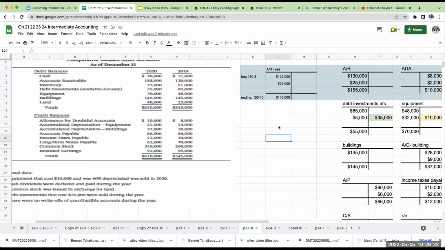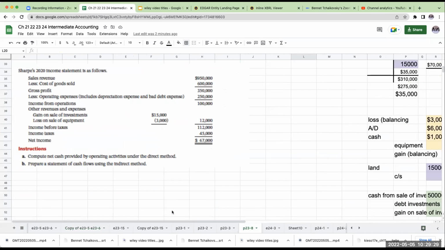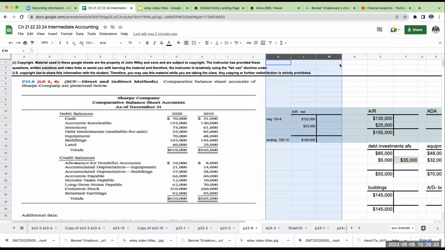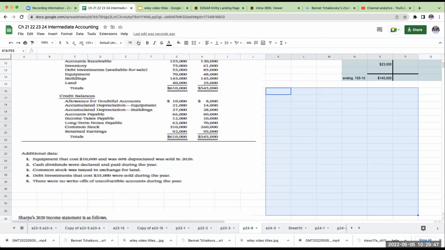So right over here, when I'm looking at the direct method, for sales revenue, this is my direct method.